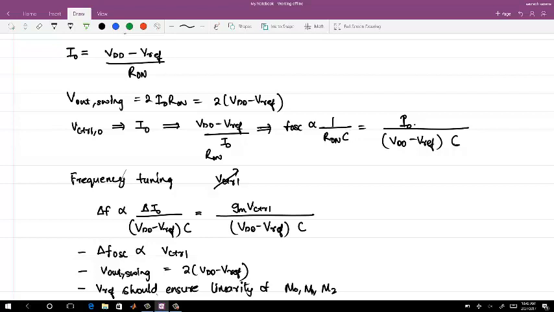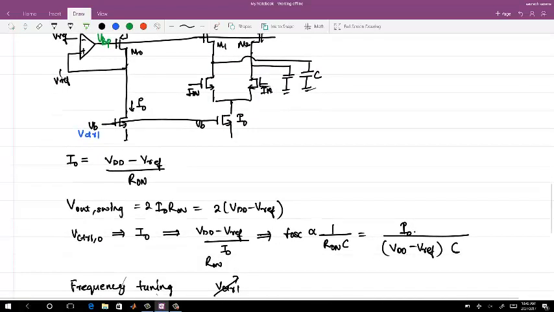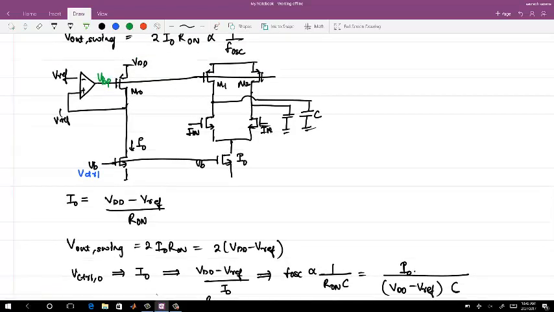Now another thing is that the control from V control node to I naught may not be linear, because you will see the drain channel length modulation effects. So what can you do to make the V control to I naught linear?